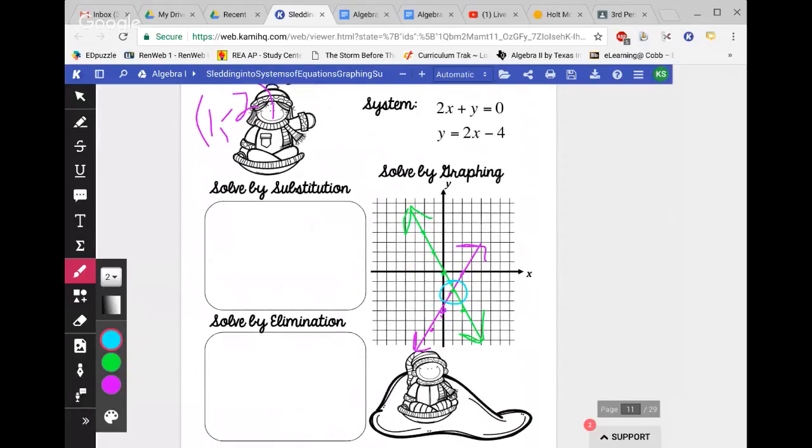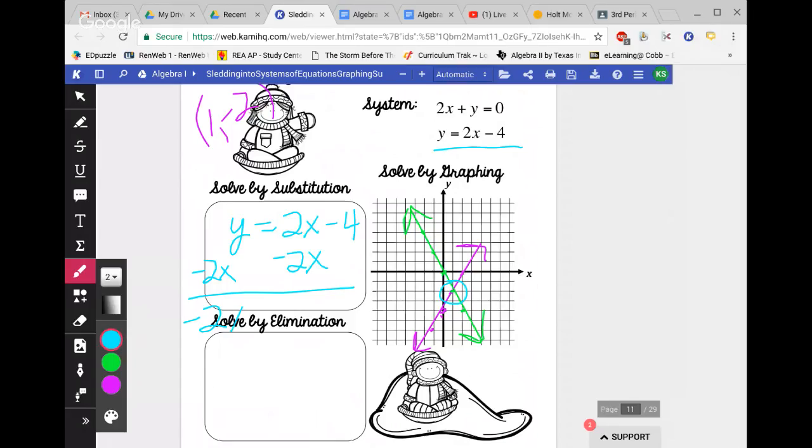And now for elimination. What we're going to want to do is put this one in standard form. So to put it in standard form, we would want to move the 2x over with the y because we want both the x and the y to be on the left-hand side of the equal sign. -2x plus y equals -4.